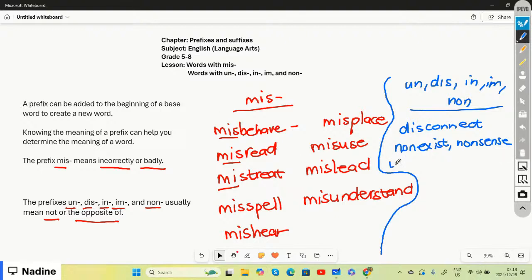Even if you look at the prefix un, then we have unfriendly, meaning you're not friendly. Or we have unsatisfied, meaning that you are just not satisfied with something, or you're not satisfied with anything.